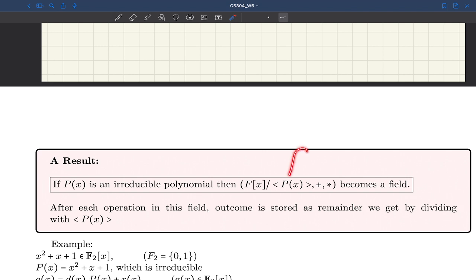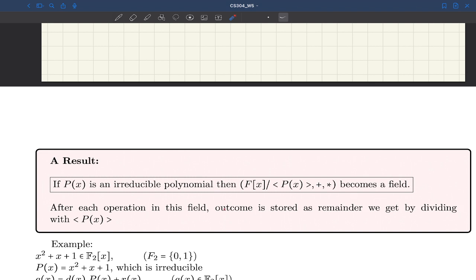When you take an irreducible polynomial, it will definitely satisfy the axioms of a field. When px is not irreducible, it is a reducible polynomial, then I can't comment. It may be a field, it may not be a field. But when px is irreducible, it will definitely become a field.